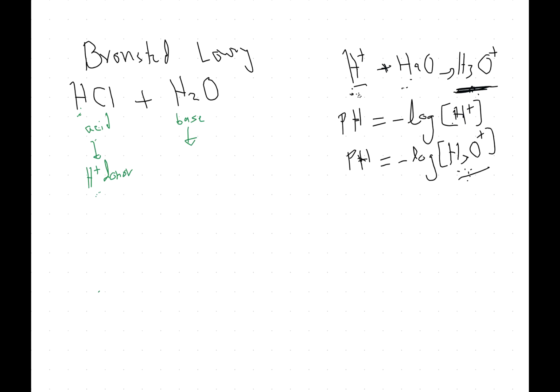And then what will happen? If water accepts the donation, what was the donation? It was H plus. When water accepts the donation, it will look like this: H3O plus. And HCl will become Cl minus. What do we call the one who accepts the donation?